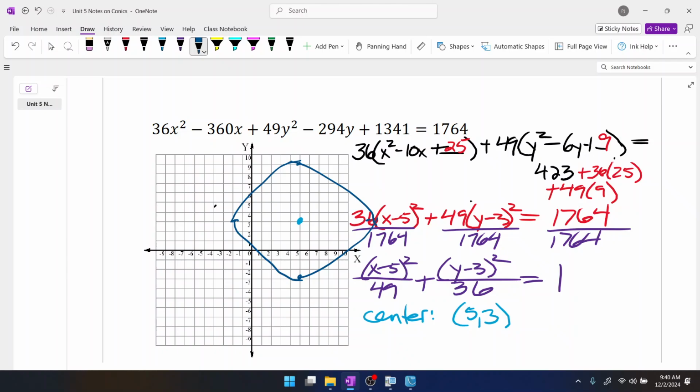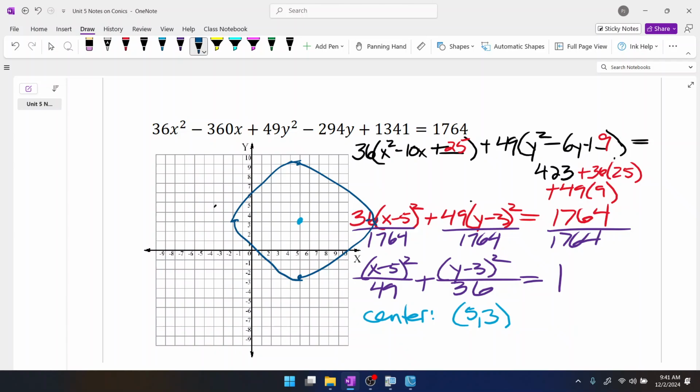Now, if you remember, how do we figure out the foci for this one? Well, that's easy enough. First thing we've got to do here is figure out c squared.